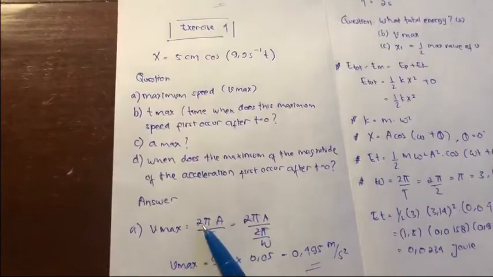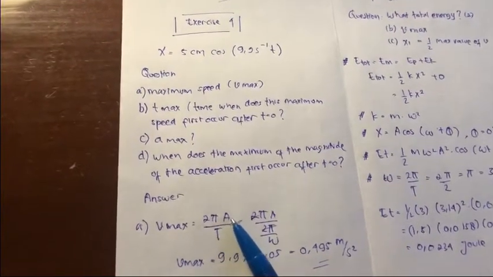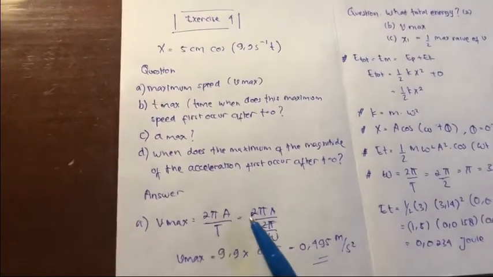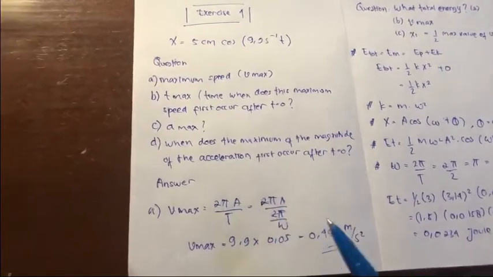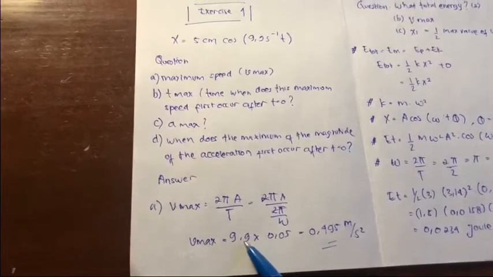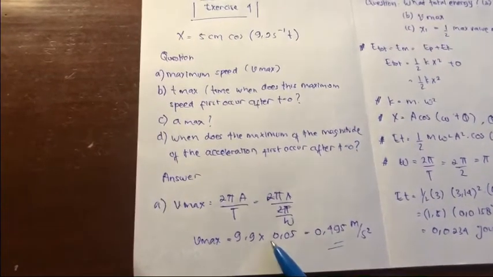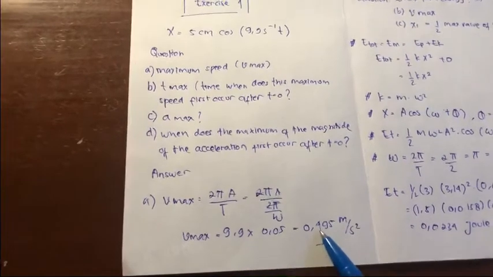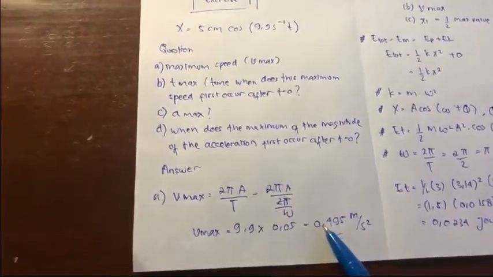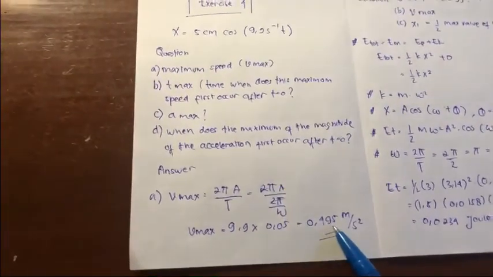Vmax is 2π times amplitude divided by T. So Vmax is 9.9 multiplied by 0.05, so Vmax is 0.495 meter per second.